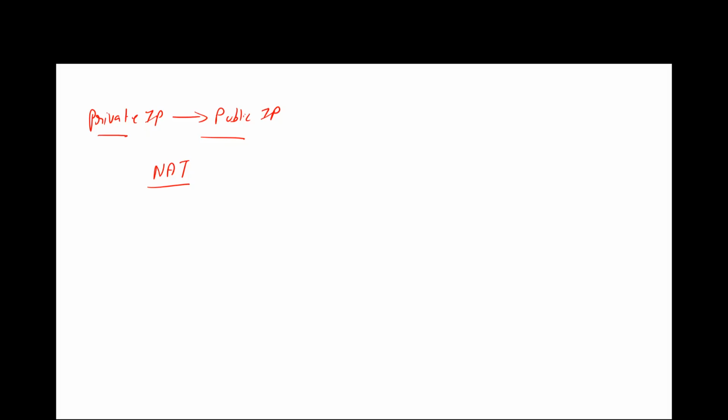We have three different types of NAT configurations: dynamic NAT, PAT, and static NAT. Do you all recollect this? Three types of NAT configurations.